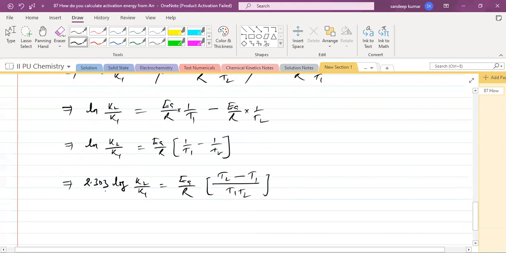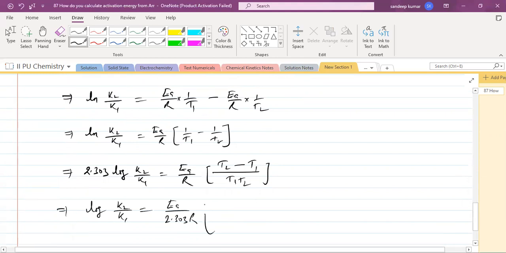Now this 2.303 you move to the right hand side, so finally we write log of K2 upon K1 is equal to EA upon 2.303 R, whole into T2 minus T1 upon T1 into T2. This is the final expression.